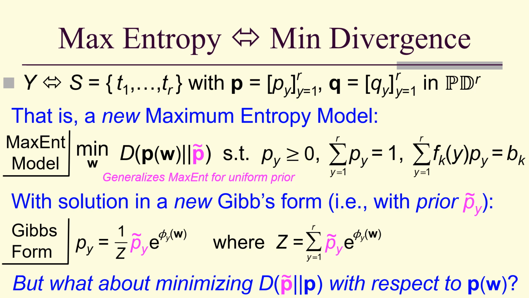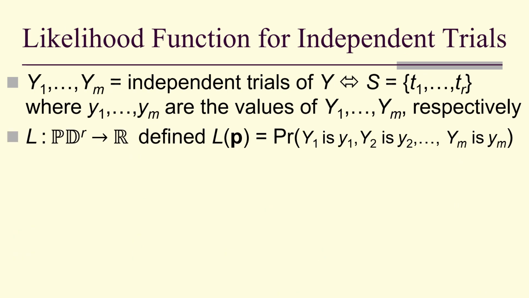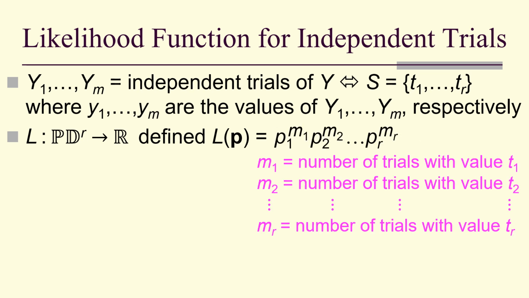But what about minimizing the KL divergence with respect to the second argument? Well, now we go back to our likelihood functions. So remember, a likelihood function is motivated by the joint probability of y1 being little y1 for trial 1 and y2 being little y2 for trial 2 and so on, which gave us this, because they're independent and identically distributed, this product form for the likelihood function.